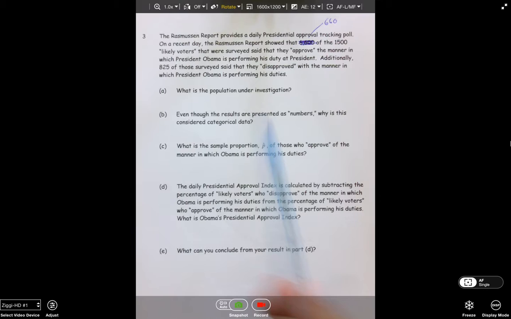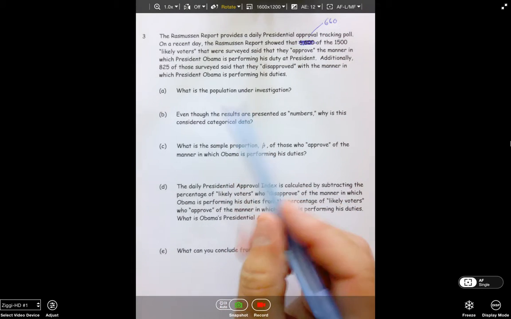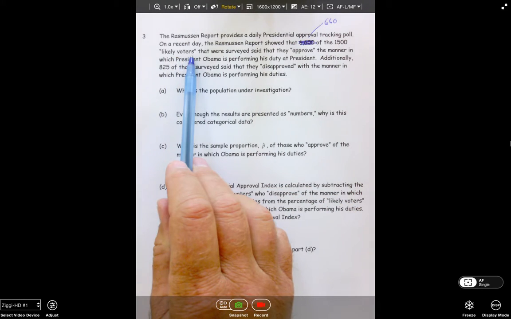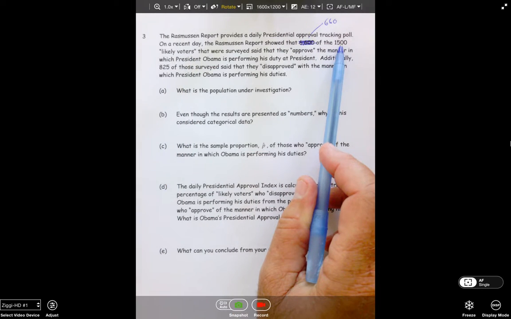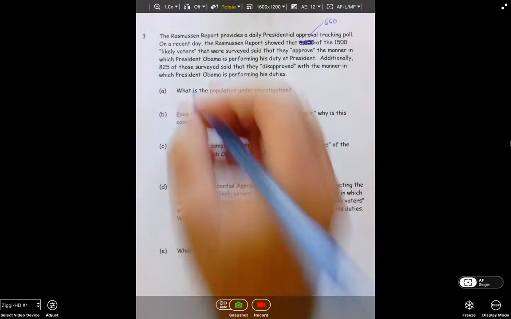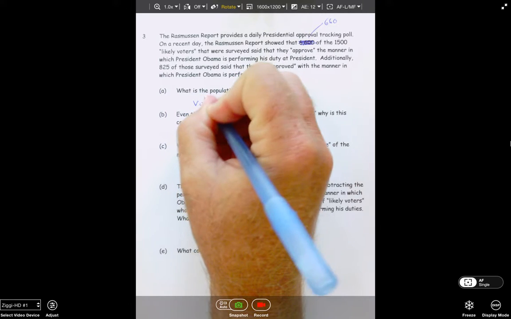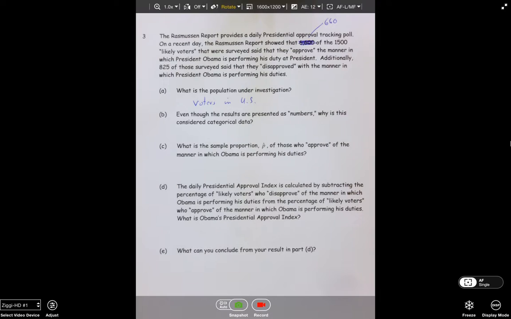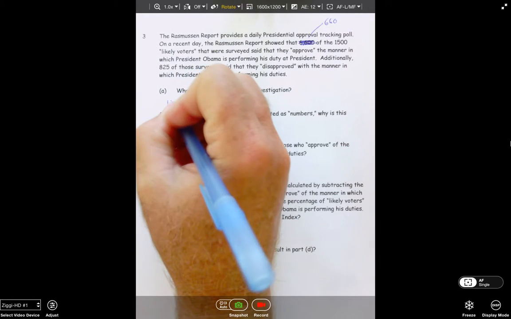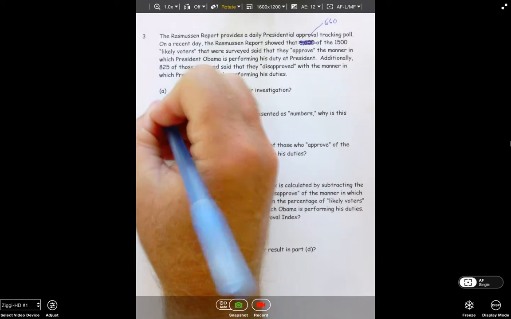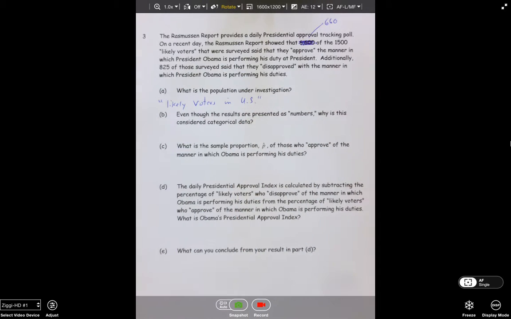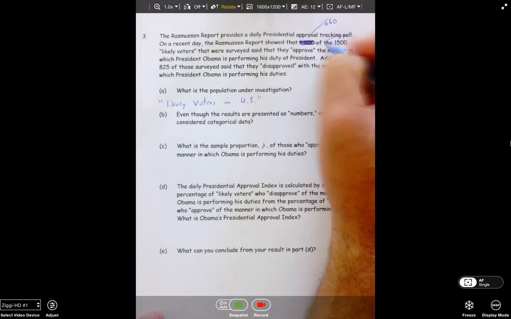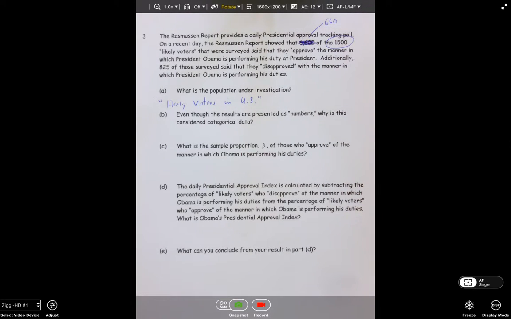What is the population under investigation? Well, the sample was taken of 1,500 likely voters. So our population under study would be likely voters in the U.S. Their total count here is 1,500.